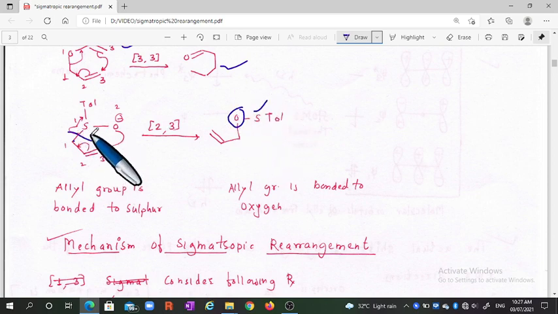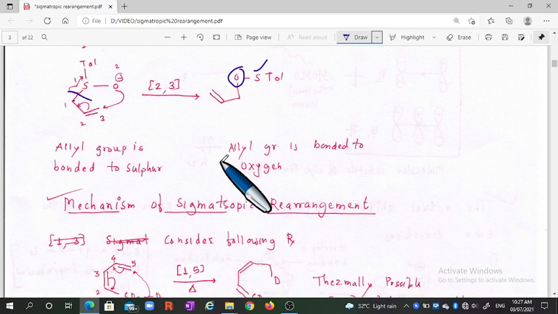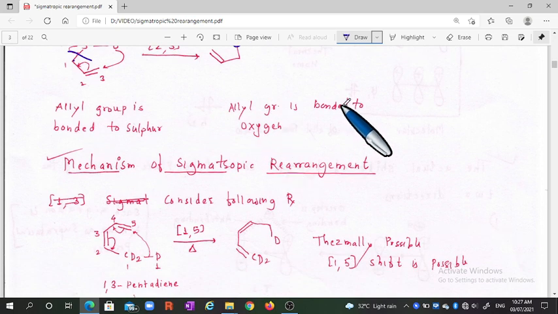That is the breaking of sigma bonds. In this way the second type is grouped, where the migrating group is attached to the reactant and product through different atoms. This is the second type of sigmatropic reaction.